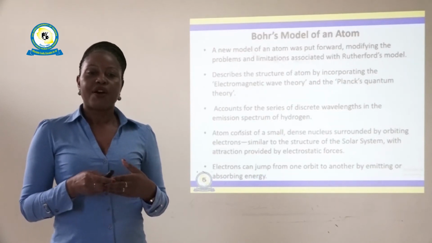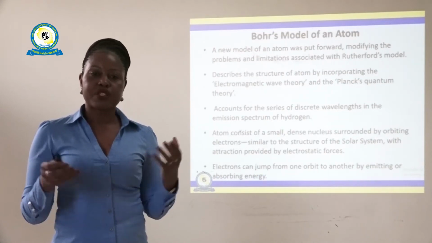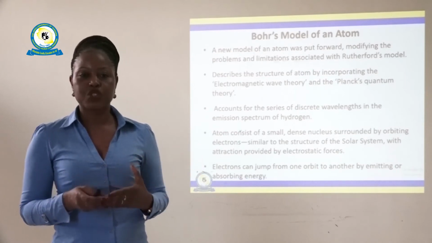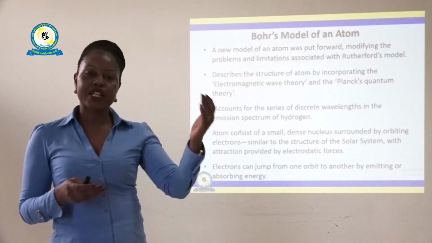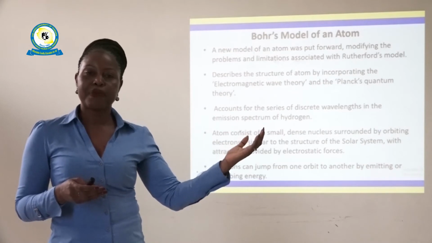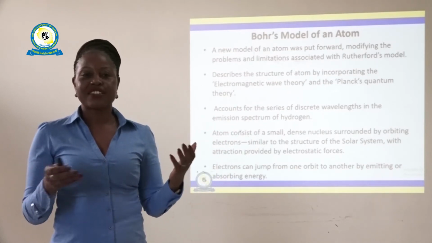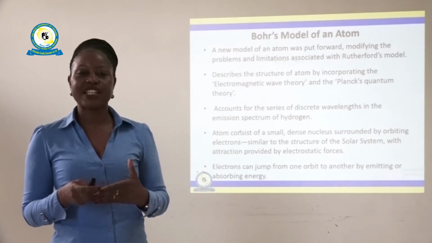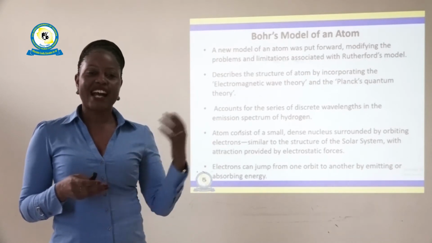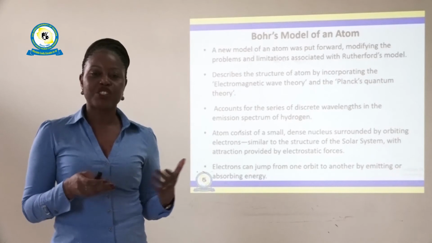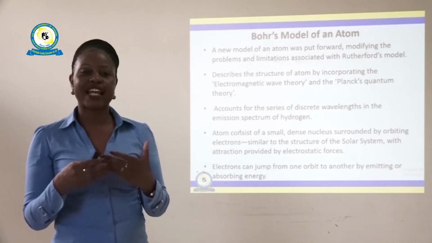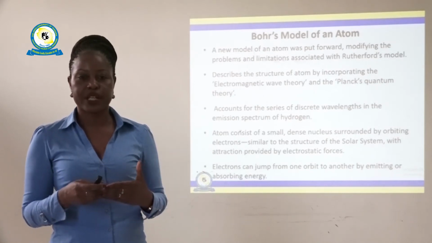Now, this new model, which was Bohr's model of an atom, was put forward, modifying the previous model by Rutherford, addressing some of the problems and limitations, and describing the structure of an atom by incorporating the electromagnetic wave theory.